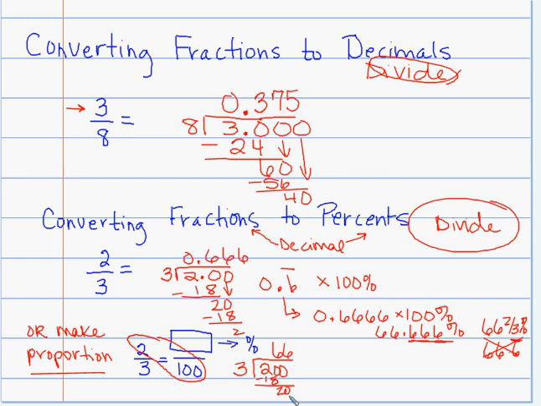And then here's where, if you do it this way, when you subtract, you get 2, and now we can just write that remainder, 2 out of the 3 groups, and remember we wanted a percent, so that's a percent. Okay, so you see either way we do that, we get the same answer. It just might be a little easier, especially if you have repeating decimals, to recognize that you have that fraction option.